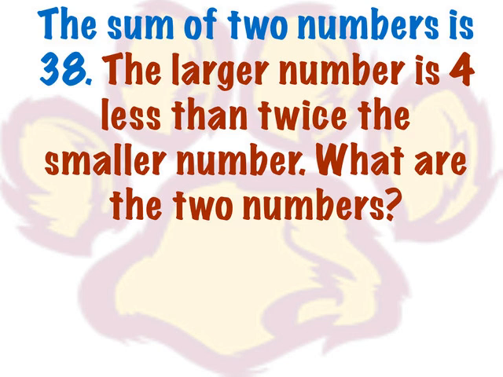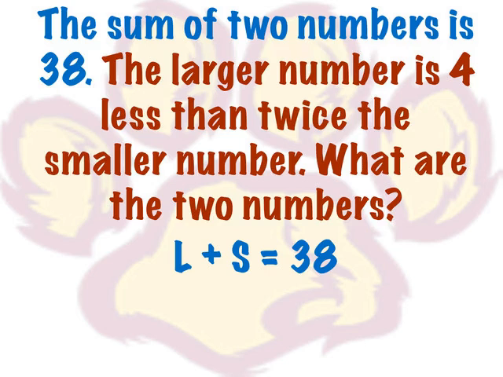That way you don't get mixed up on which one's which. So we'll use L and S, and like I said, it's the sum. So you're adding L and S, and it's going to equal 38. So our first equation is L plus S equals 38.